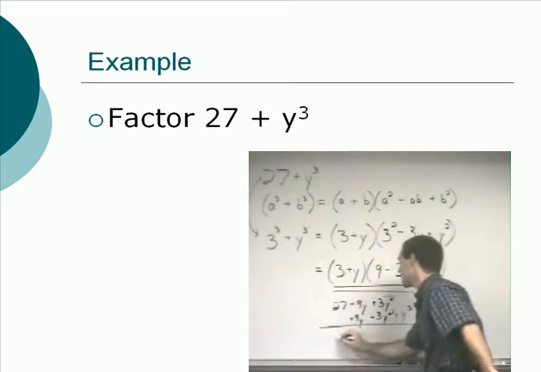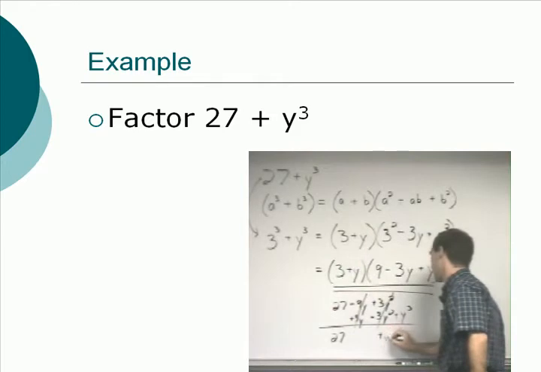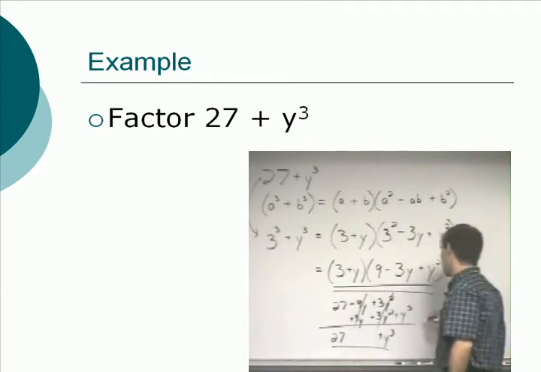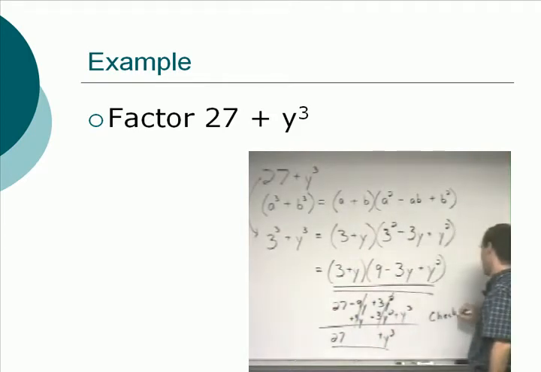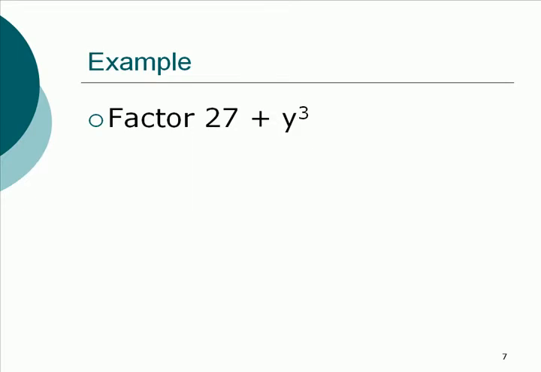So you end up with 27, those are gone, those are gone, plus y cubed. Yep, it checks okay. We're good to go. Okay? All right. Look good? Let's do a couple more of those and we'll call it a day here.